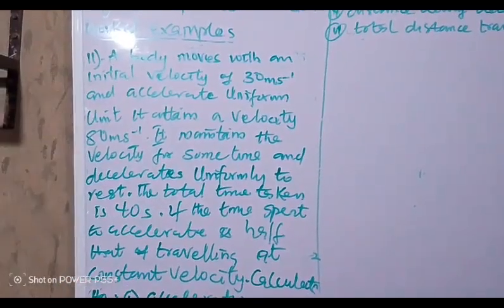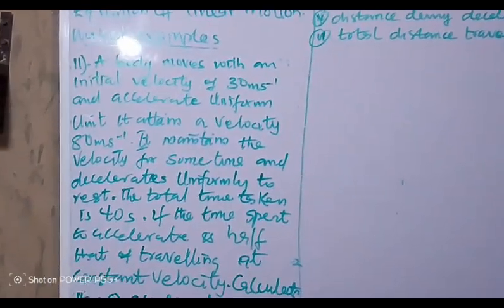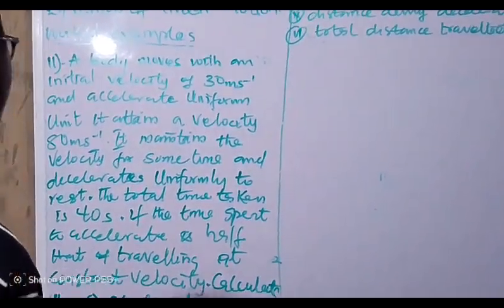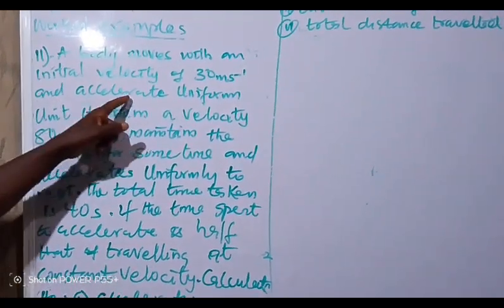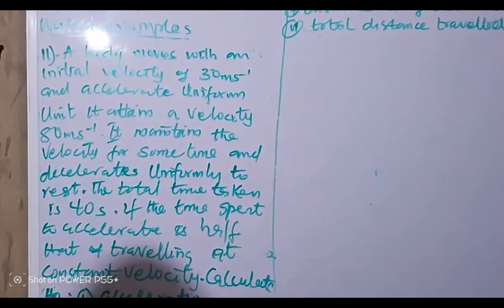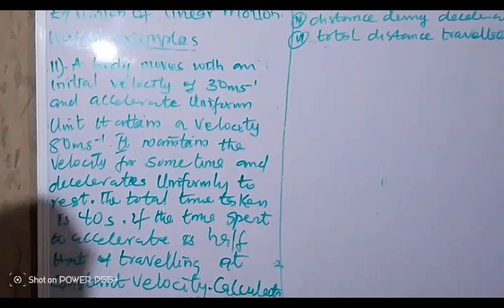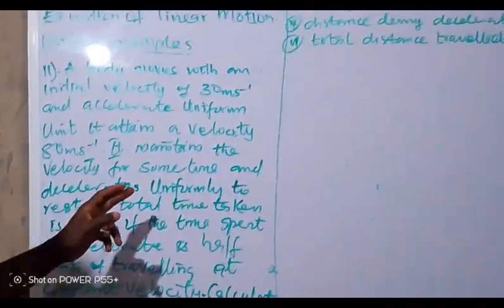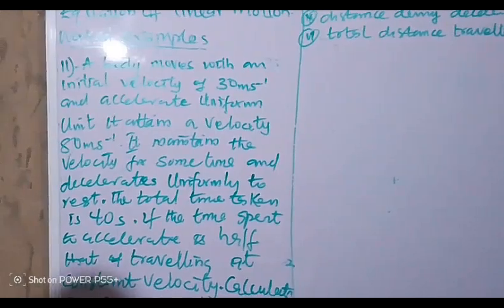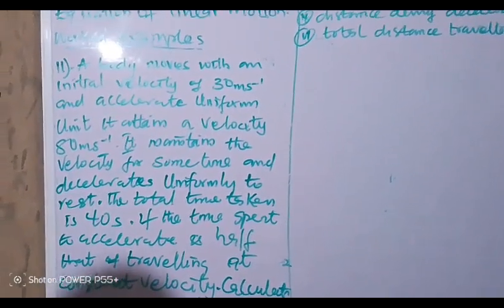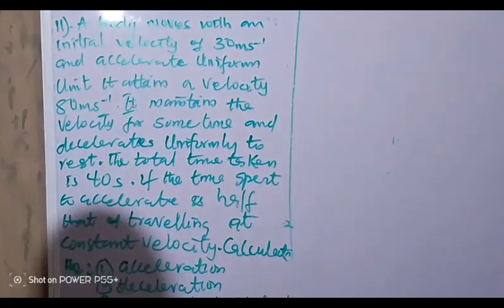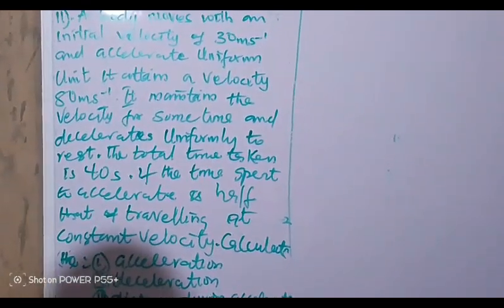Let's look at this question. This is another question. A body moves with an initial velocity of 30 meters per second and accelerates uniformly until it attains a velocity of 80 meters per second. It maintains the velocity for some time and decelerates uniformly to rest. The total time taken is 40 seconds.